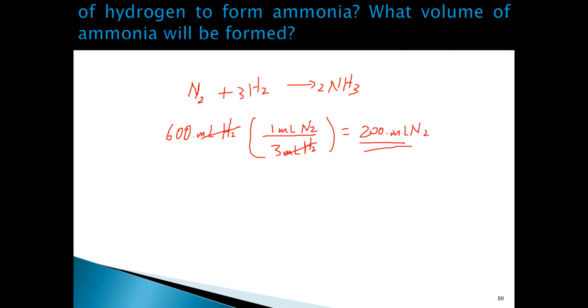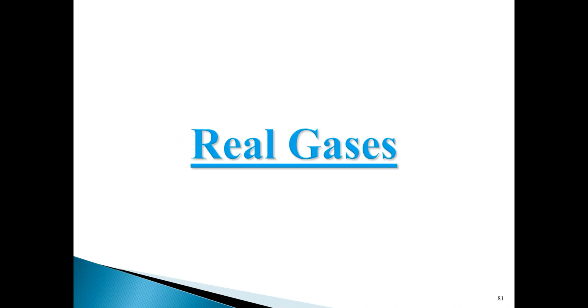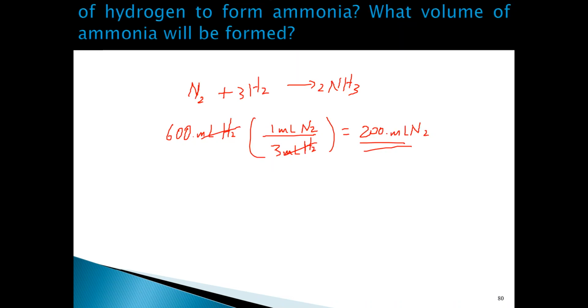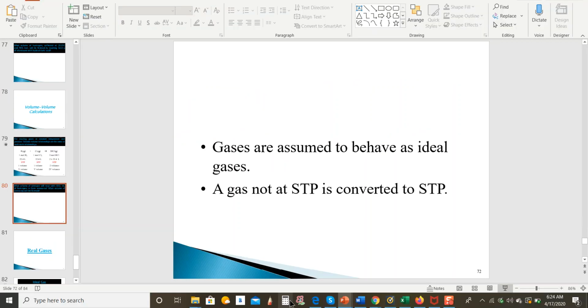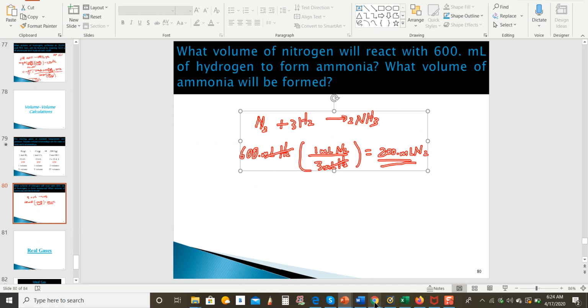And this only works if the conditions are the same for all the gases involved. Now, if the conditions are different, then you'd have to do a different type of process where you'd have to use the ideal gas equation. So what I'm going to do is search for a problem of that type so that you'll be able to do that type of problem.